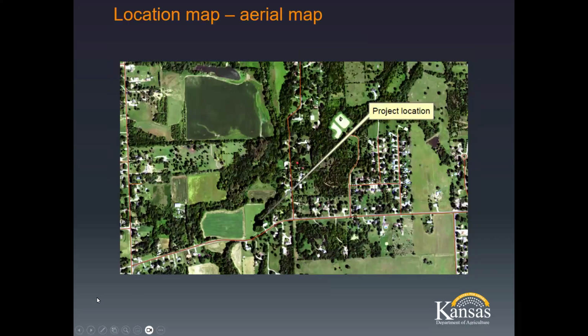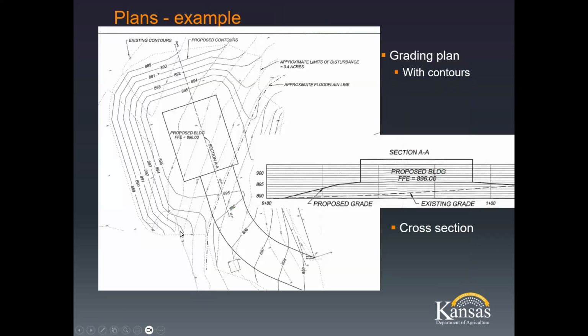So, location map, just pointing out where they're going to put this house. This is the grading plan for a pad. It shows us the existing contours and the proposed contours, and then it shows us a cross section and what the finished floor elevation will be for the proposed building.